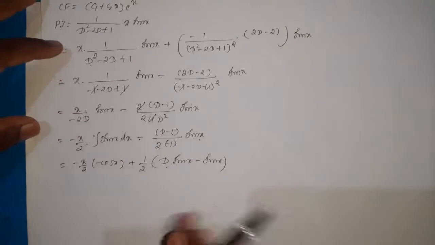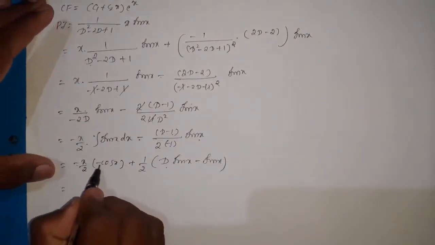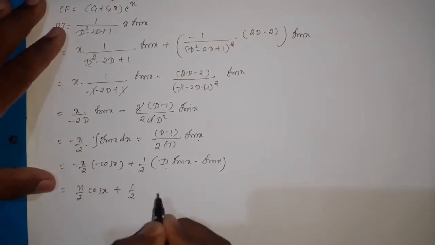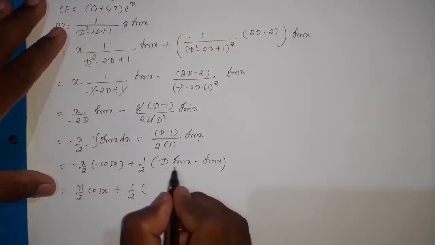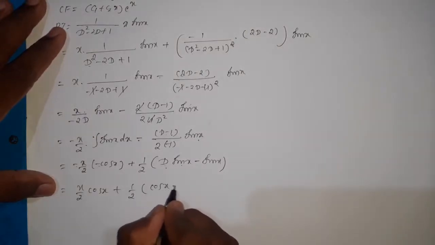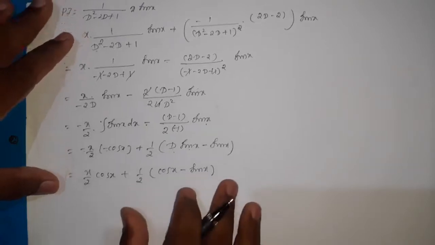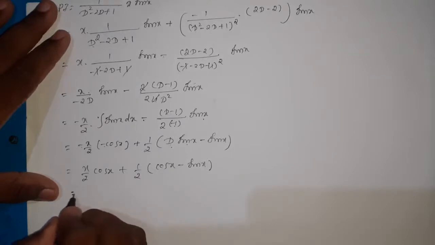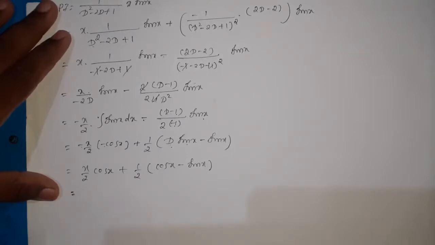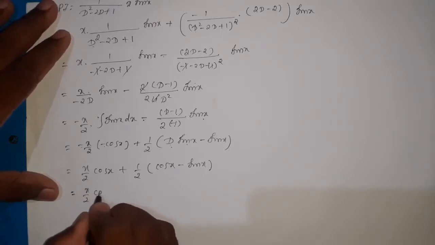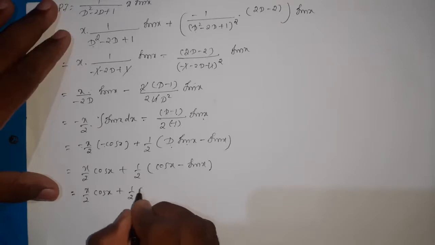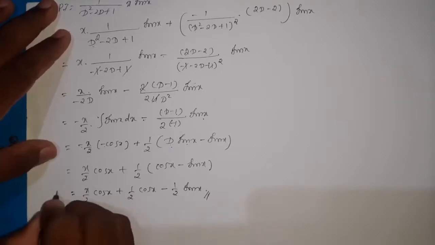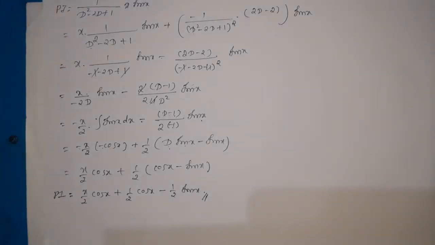Then let us simplify this one. Minus into minus becomes plus x by 2 cos x plus 1 by 2. Here differentiation of sin x is cos x minus sin x. So therefore here is equal to x by 2 cos x plus 1 by 2 cos x minus 1 by 2 sin x, which is the required particular integral.